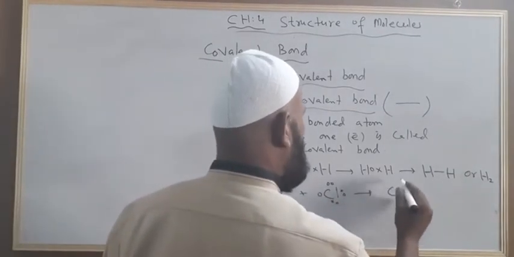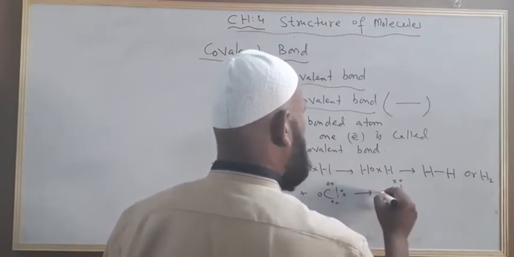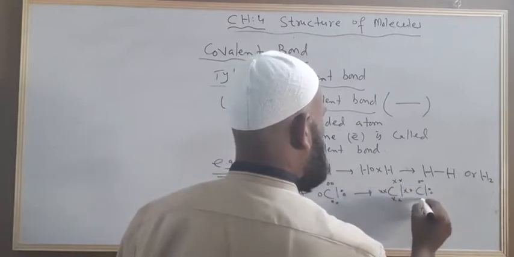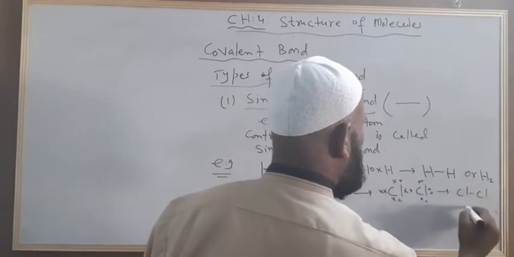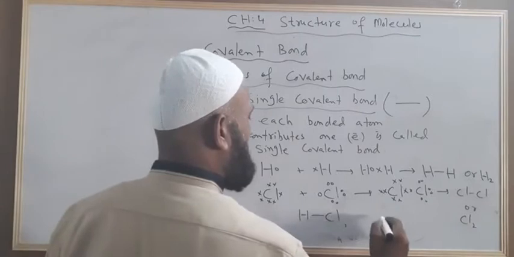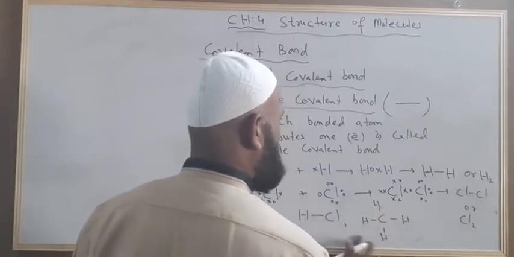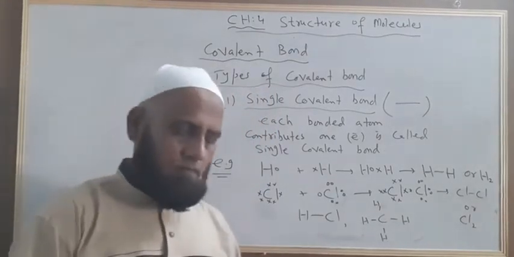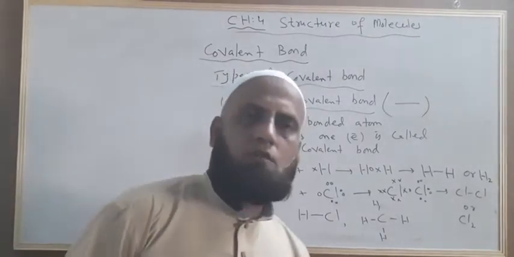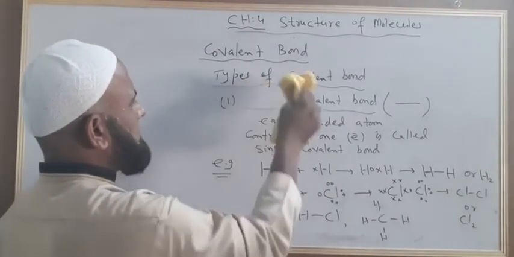So here we have the formation of the chlorine molecule, and so on. Similarly, we have the examples of HCl and CH4. These all are given in your book. So this is your single covalent bond, the bond in which each bonded atom contributes one electron is called single covalent bond. Very simple.